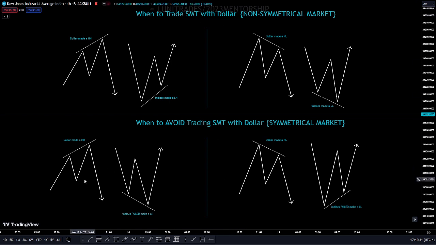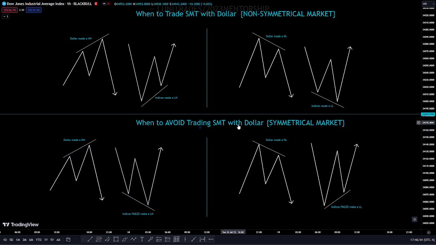But if you can see this, dollar made a higher high, so dollar took liquidity, and indices failed to make a lower high. Instead it made a lower low, so it took liquidity here and also dollar took liquidity.